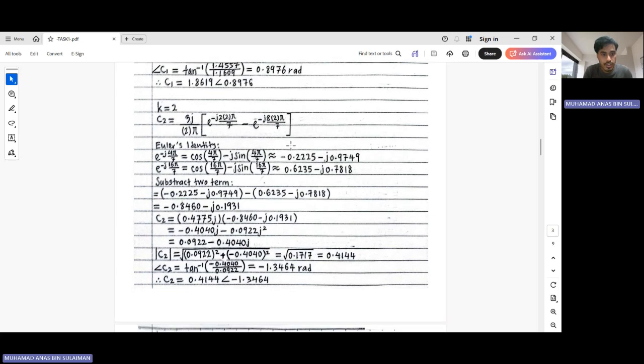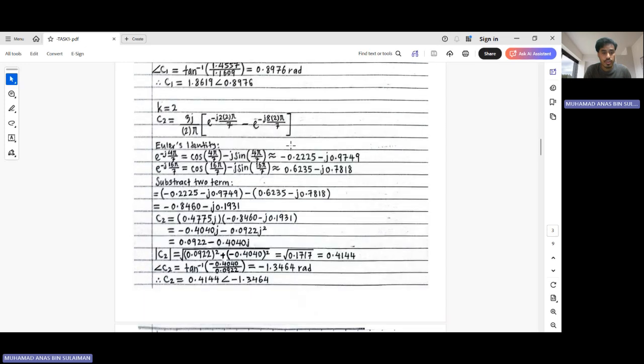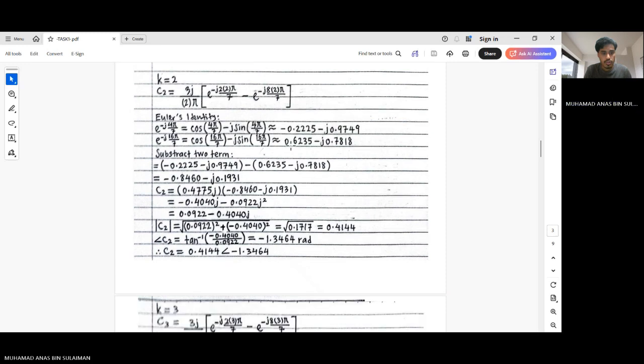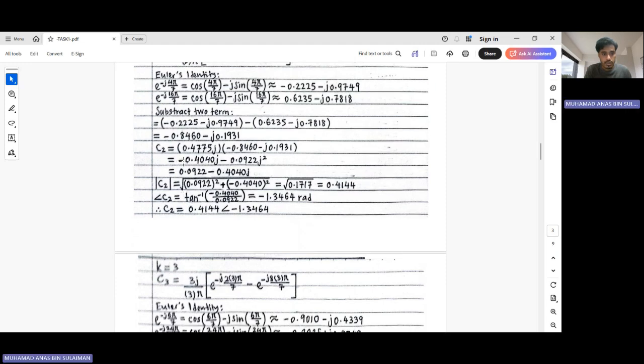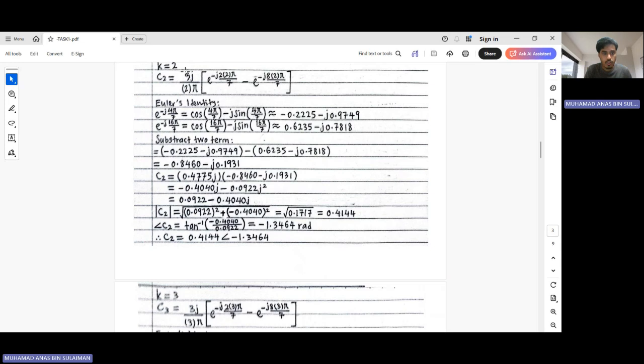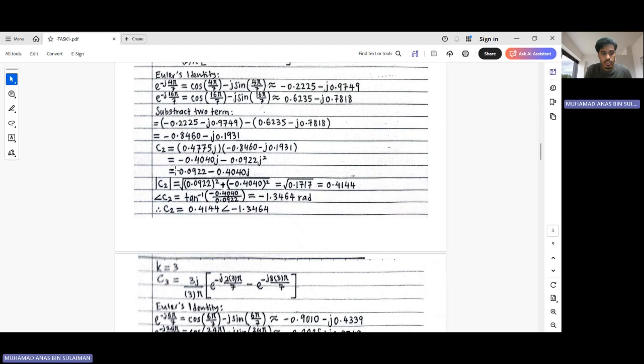For c2, the calculation and method are the same as c1. We must use Euler's identity, subtract two terms, and multiply with 3 over 2 pi to get the c2 equation.